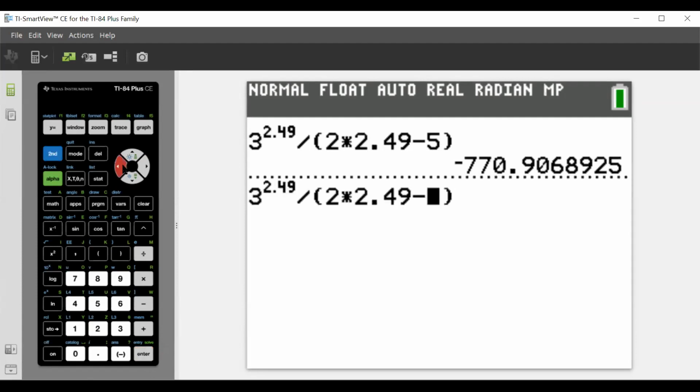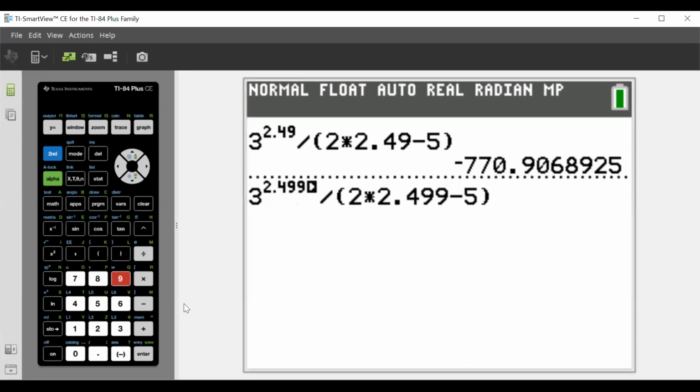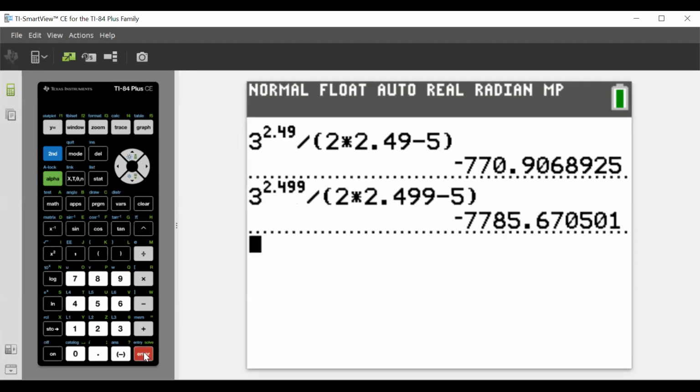So now we have 2.499. And up here we'll have another 9. Okay. And so now we can hit enter, and now we get negative 7785.671.